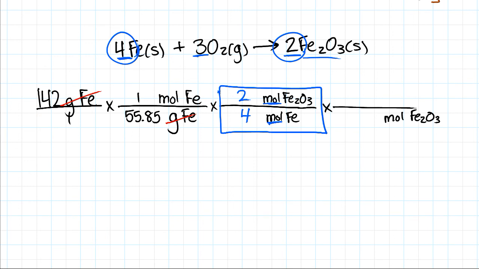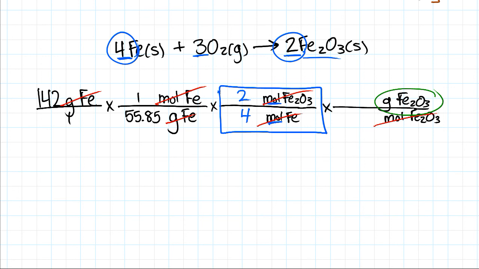We're going from moles to grams. So grams of Fe2O3. Let's make sure we're still canceling things out. Moles of iron canceled top and bottom. Moles of Fe2O3 canceled top and bottom. What did not cancel is grams of Fe2O3, and that's a good thing because that's what we want.